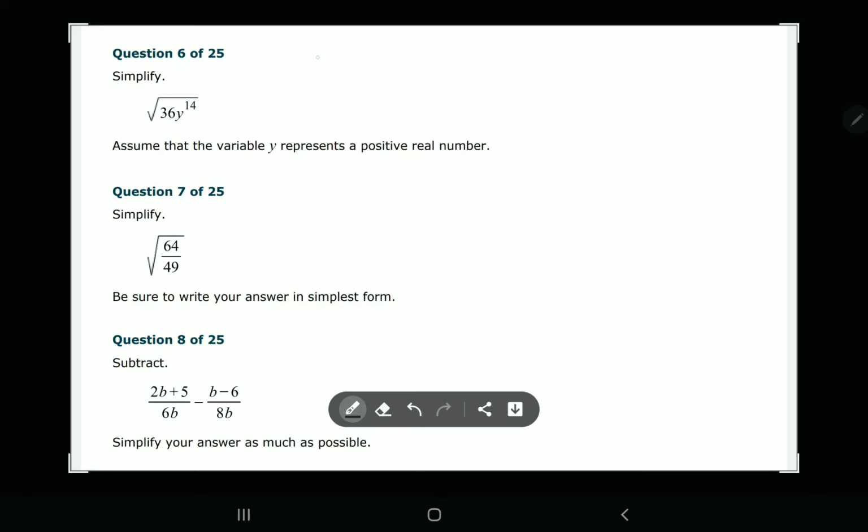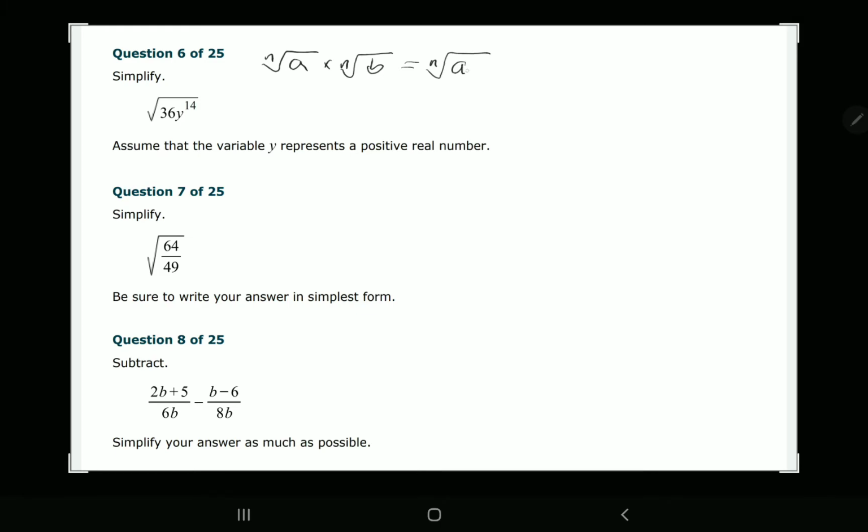Here, what we're going to do is utilize the product rule of radicals, and I'm going to write it here. Suppose you have two radicals with the same index multiplying each other, we can write that as one radical where the radicands of each radical are being multiplied to each other.